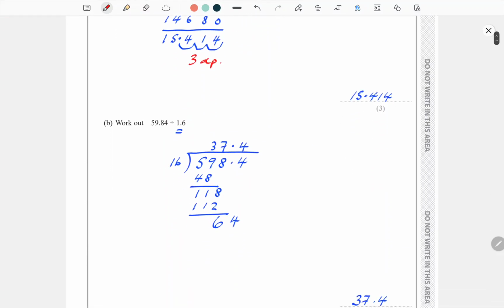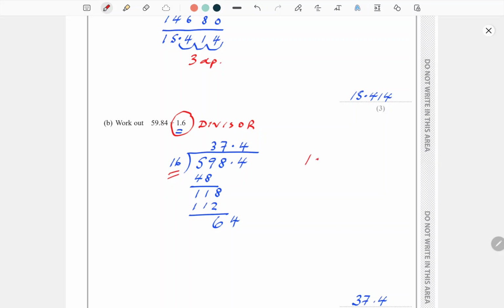Division, next one, part B, okay? The bus shelter, bus stop as some people call it. Remember that the divisor, the number you're dividing by, has a decimal place in it. So what you have to do is to turn that into a whole number.